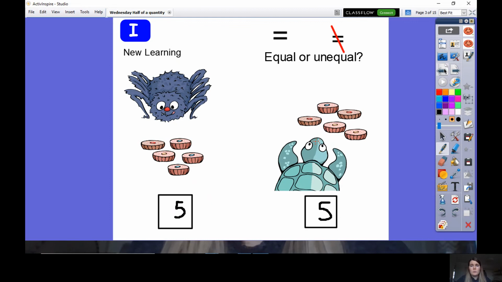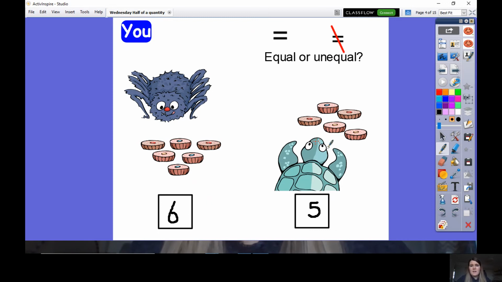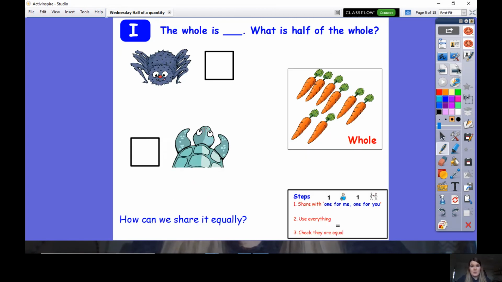We want to make sure that when we're halving, our sum is equal, which means it's been halved into 2 parts equally. If it's unequal, it hasn't been halved. If it's unequal, it means that either the number can't be halved or we need to double check our counting. Okay, let's have a look.